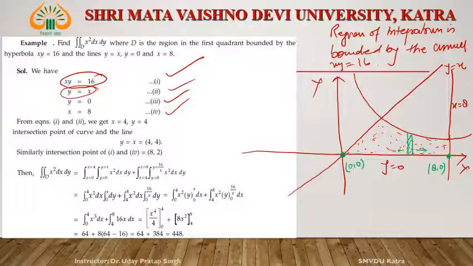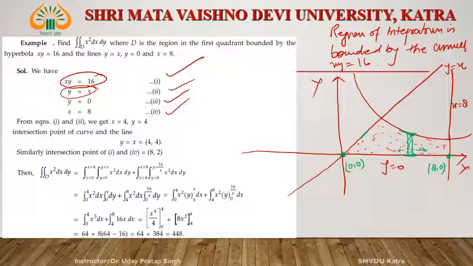The lower portion of the strip lies on this straight line and the upper portion of the strip lies on the hyperbola. If this strip sweeps, then after the hyperbola it will sweep up to this part also.